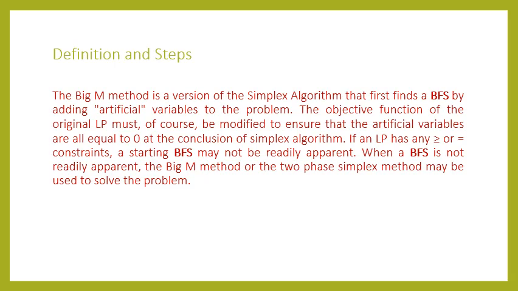We use slack and surplus variables interchangeably. S stands for slack variables, A stands for artificial variables. So we have to take into account the importance of using these two variables, the artificial variables and the slack variables.